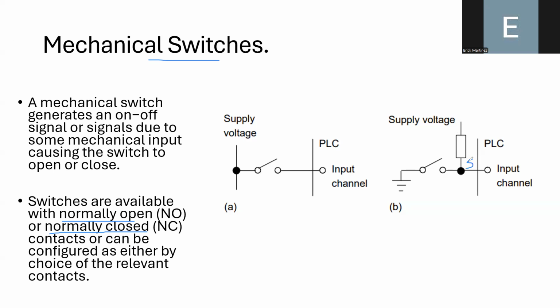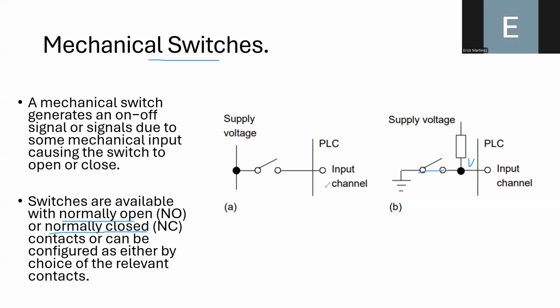We can have here the power supply always connected, but when you close the switch, the voltage will go directly to the reference terminal, or more precisely, the current of the circuit will go in this direction.